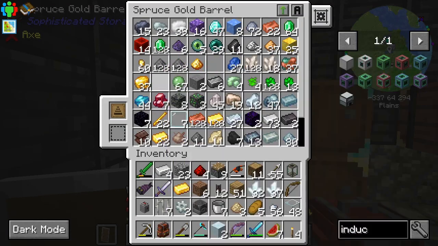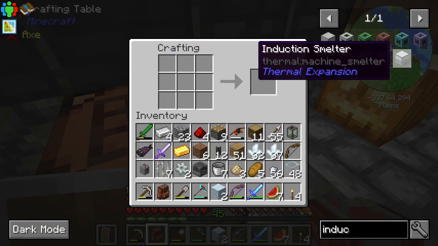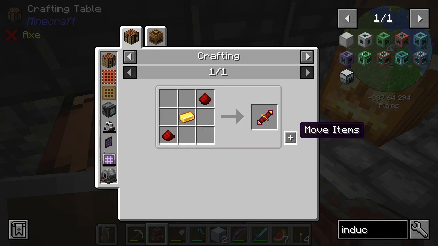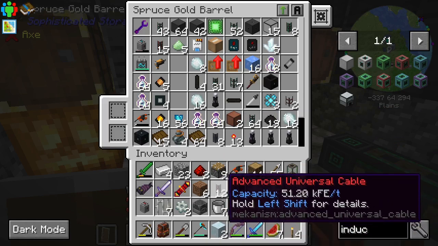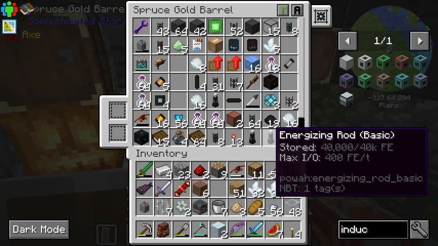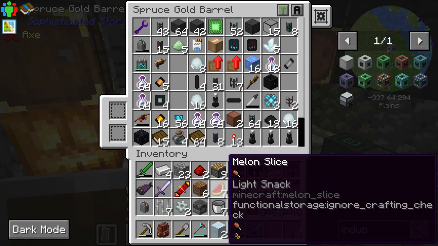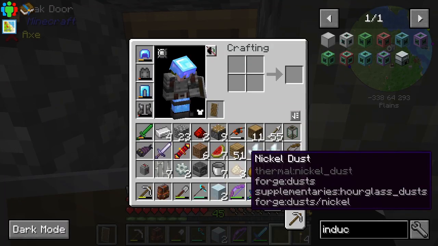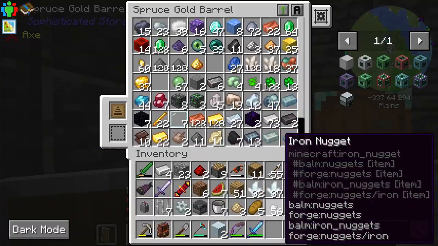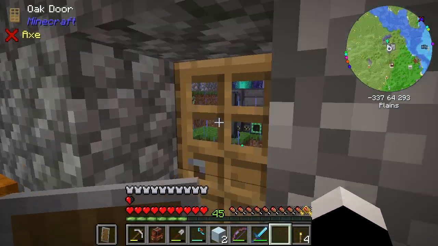And some redstone for the same purpose. There's this quill thing. Thermal series isn't exactly as emphatic about circuitry as Mekanism is. Put the rest of the nickel dust away too.